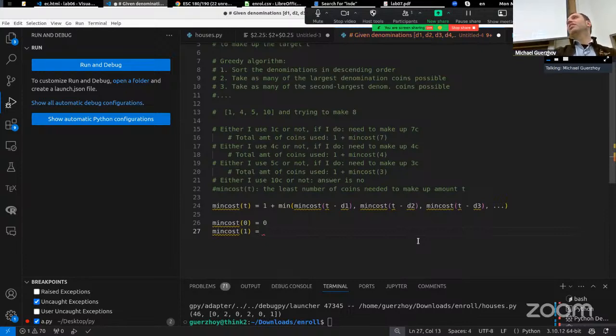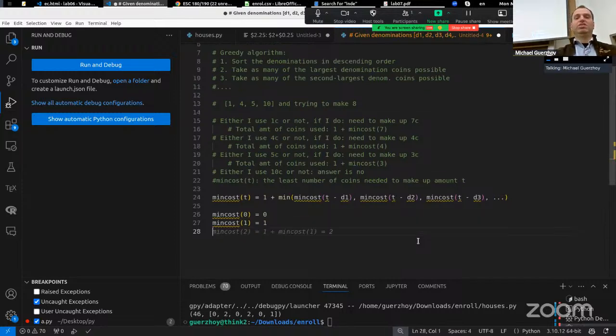Yeah, one, it's 1 cent, right? Because you can use 1 cent, exactly. What's min cost 2? Yeah, 2, exactly.